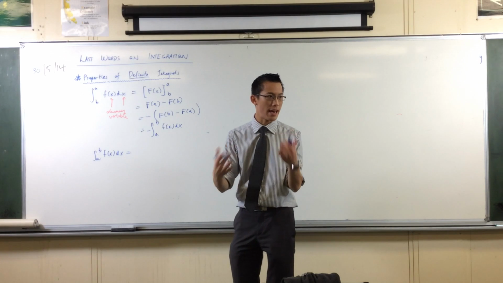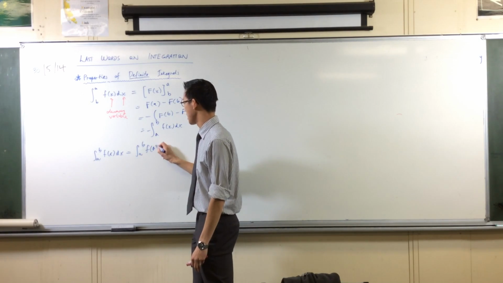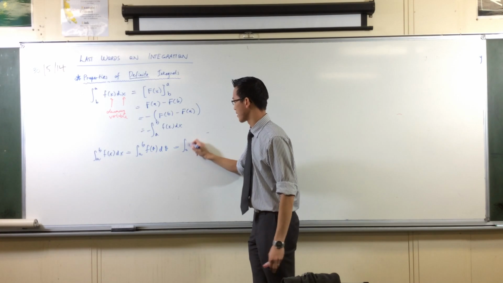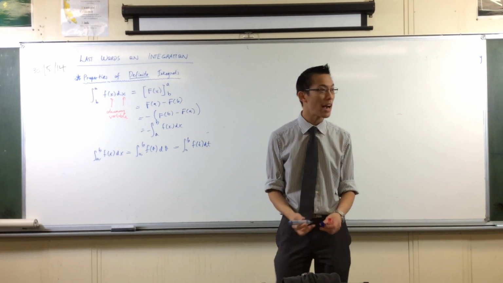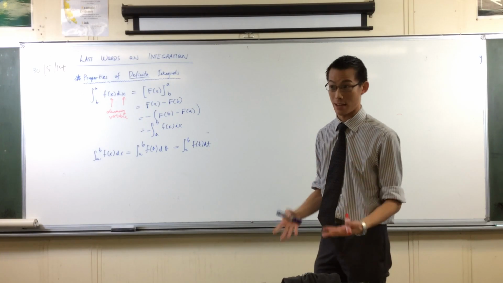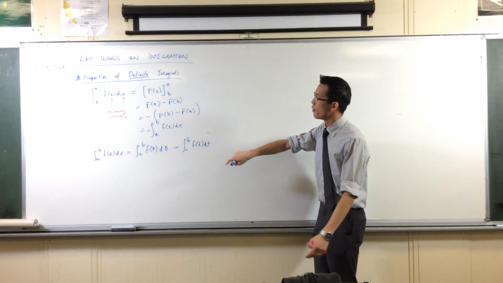If it's with respect to x, it could just as easily be with respect to, say, theta, or with respect to t, or with respect to any variable you like, because the variable is going to go in the end.